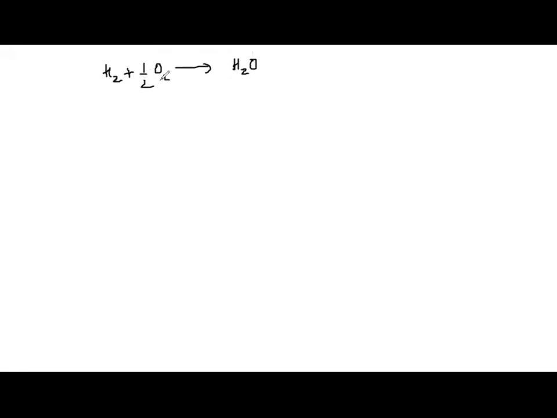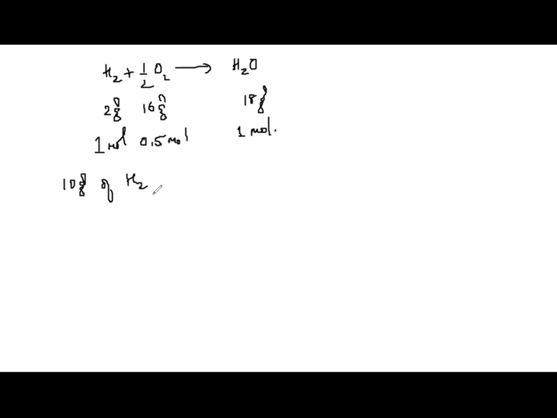So I can write here half. Of hydrogen 2 grams, oxygen 32 divided by 2, 16 grams, water 18 grams. So I can write here in terms of moles, 1 mole, this is 0.5 moles and this is 1 mole, correct?